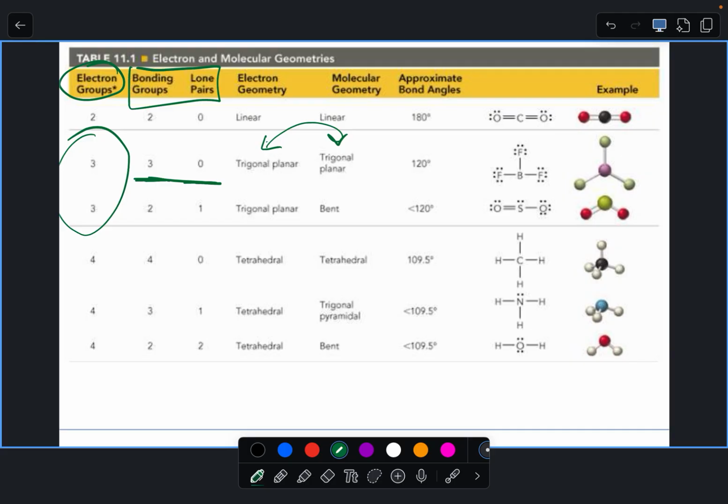If I have 3 groups, it doesn't matter if they're bonds or lone pairs, the electron geometry is still called trigonal planar. This one's a lone pair, okay, but it's still called trigonal planar because they're still arranged in the same shape. The electrons are, not the bonds, not the atoms, but the electrons are. So this is still called trigonal planar.